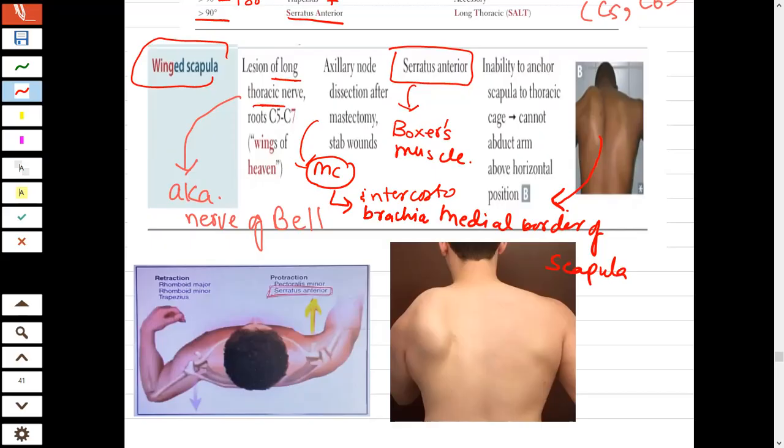Okay, so this is also your MCQ, intercostobrachial nerve. So this is the most commonly damaged nerve, but the long thoracic nerve can also be damaged.